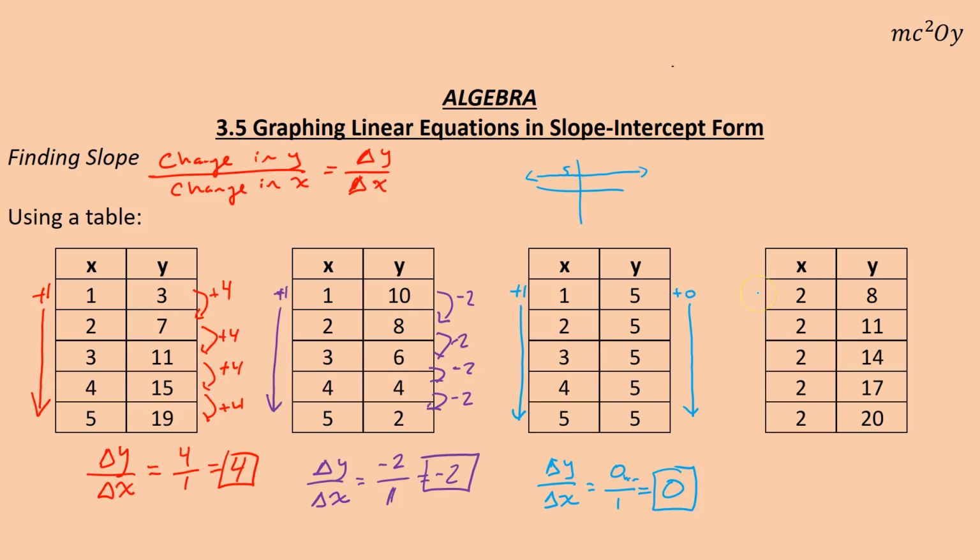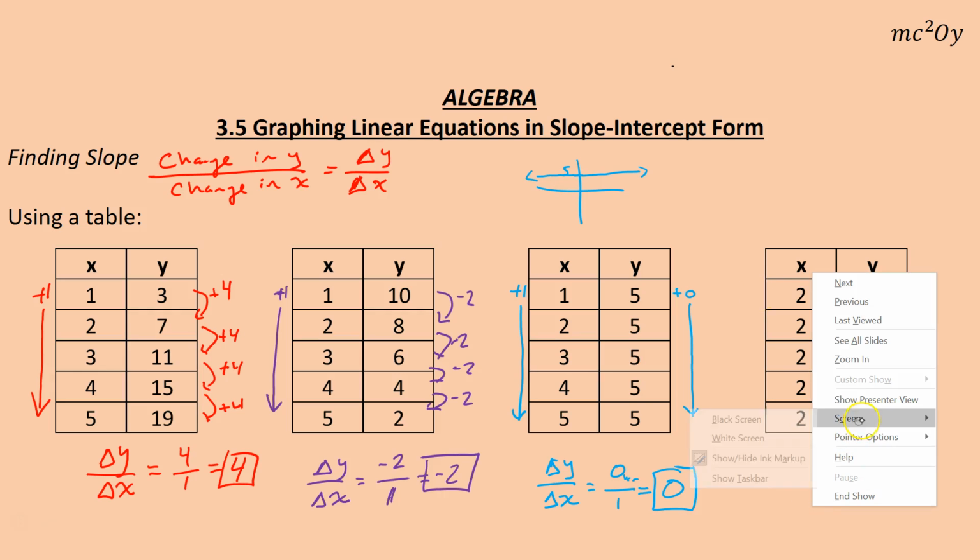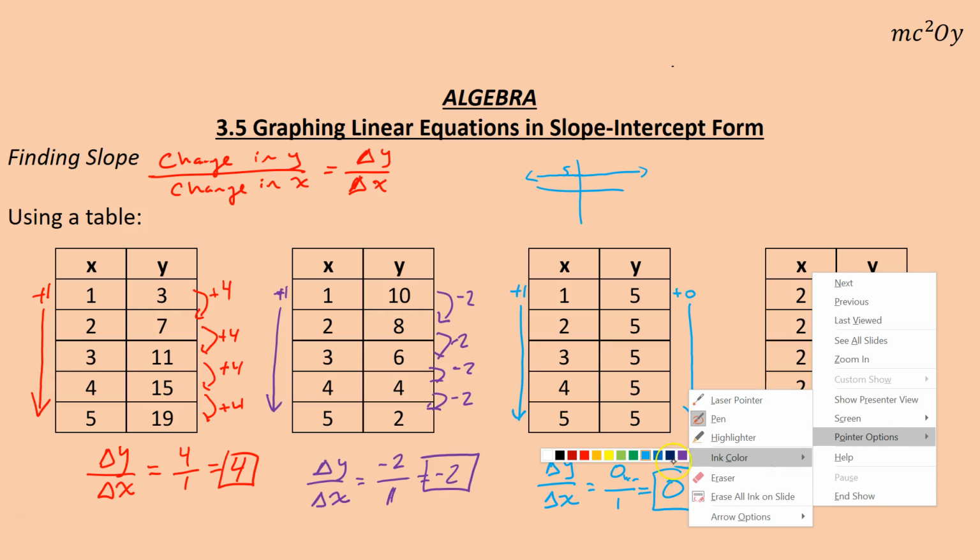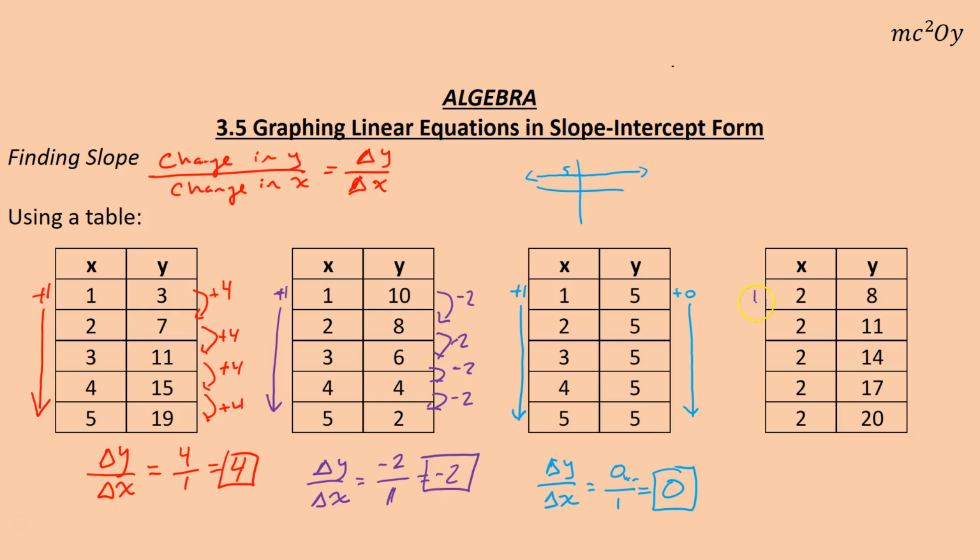On this one here, my last one, let me switch it up again. Okay, it looks like we're increasing by nothing on x this time. But on y, it looks like we're increasing 3 each time. Yep, continues that.